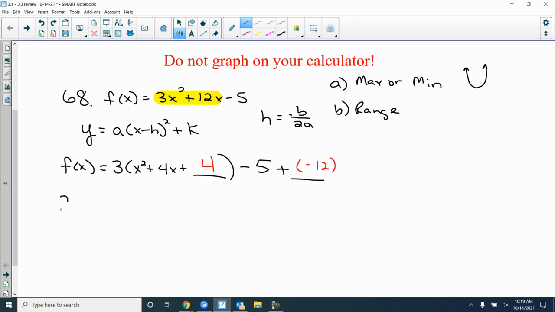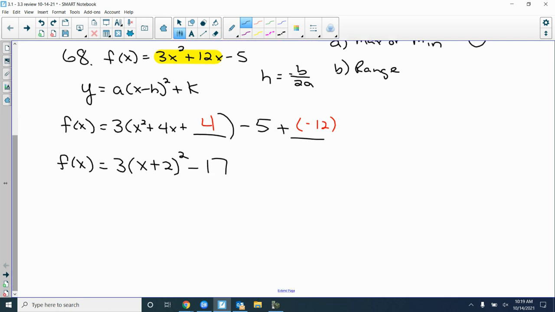Now what I got is f of x equals 3, that becomes the quantity x plus 2 squared. Negative 5 plus negative 12 will be minus 17. Once I'm at this point, my vertex, remember, is going to be negative 2, negative 17.